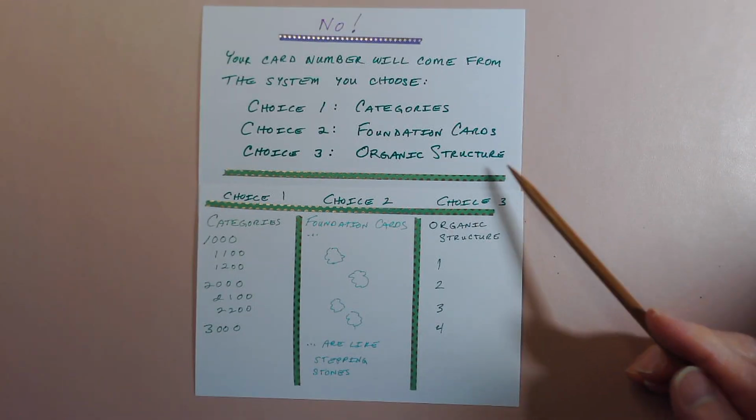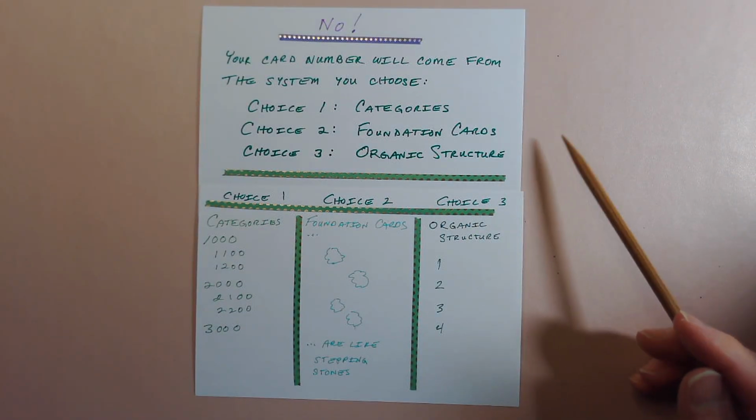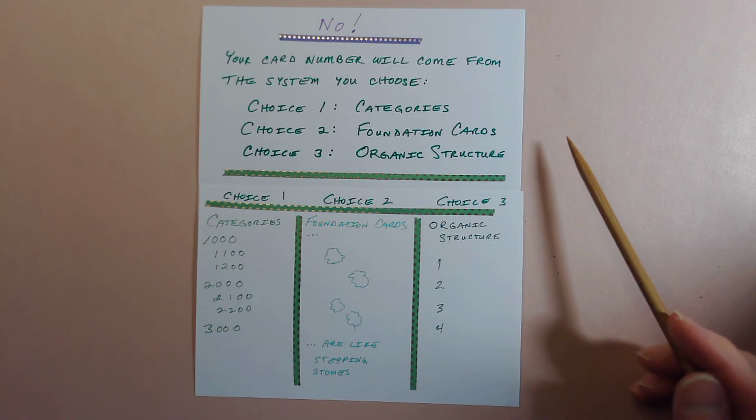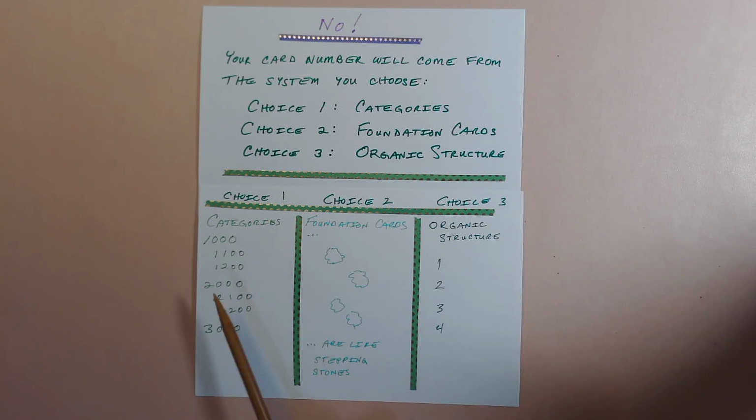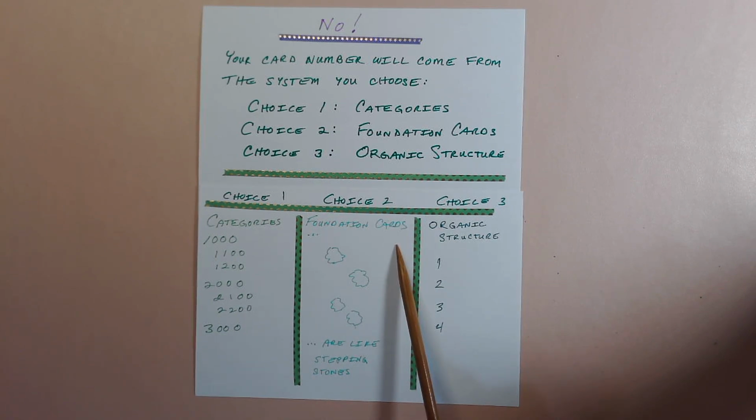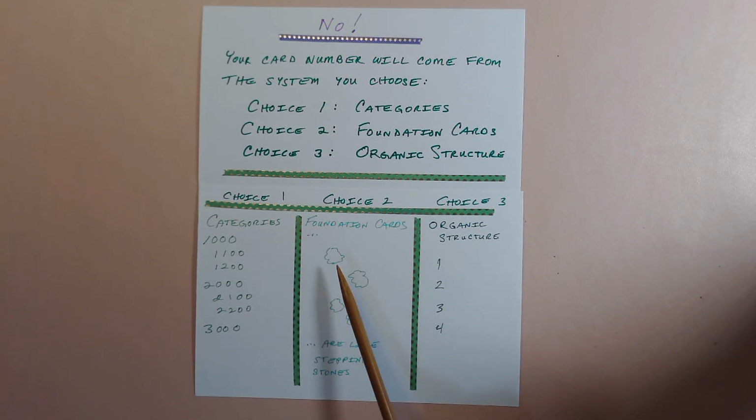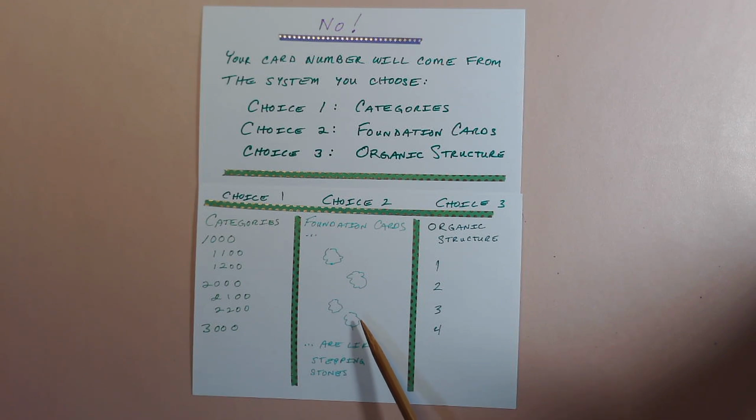And just to give us a very quick review, which is really more of a reminder than a complete review, in the first choice of categories, we tended to have numbers, typically 4 digits in length. They got more and more detailed as the categories became more fine-grained. When we were working with foundation cards, we were aware that we were putting down stepping stones to get from where we were, the available conversations, to a new conversation that our card will feel comfortable joining.